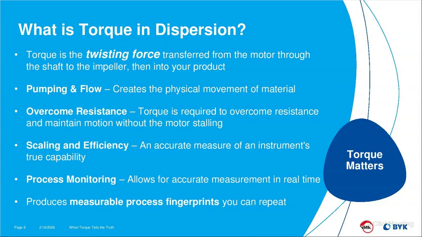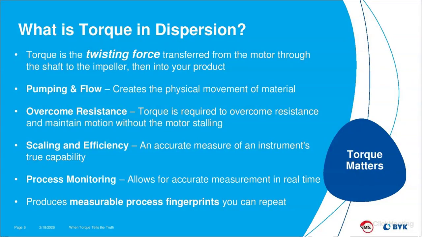The measurement of torque really helps us with the scaling and the efficiency. Being able to keep a good eye on how the material is performing really helps with scale-up and efficiency. It allows for accurate measurement in real time. So we get real-time process monitoring, and it creates a measurable process fingerprint that makes it repeatable, right?